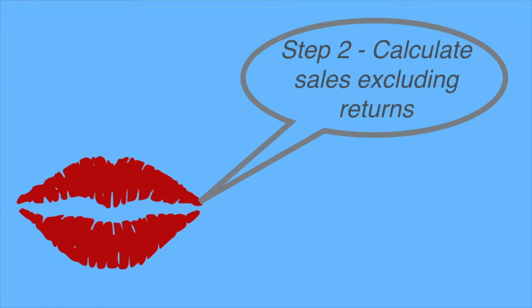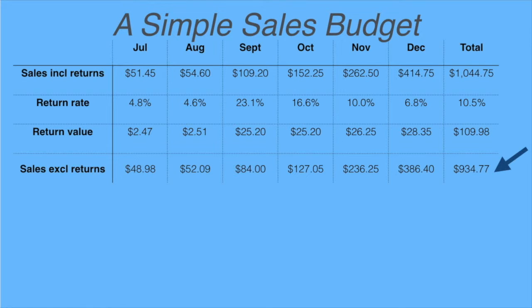Calculate sales excluding returns by subtracting the return value we've just calculated of $109.98 from sales including returns, which is a value of $1,044.75. This gives us a sales value excluding returns of $934.77.